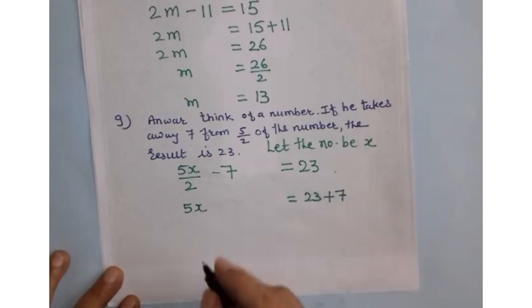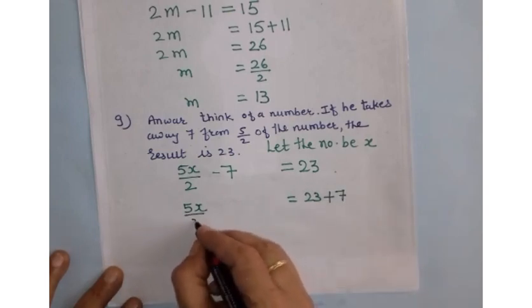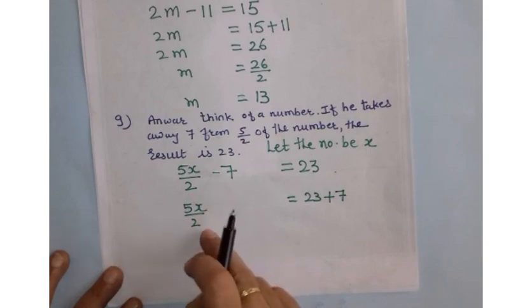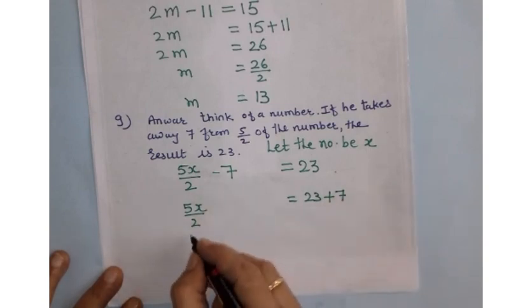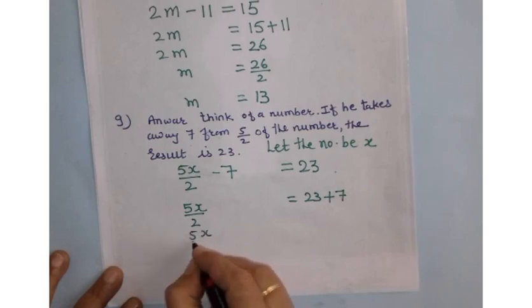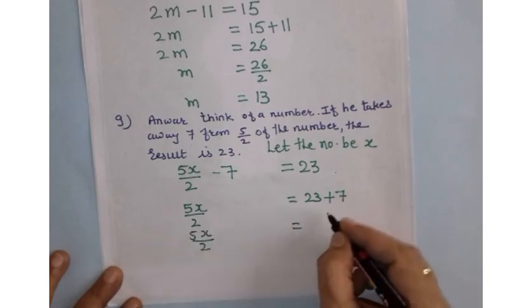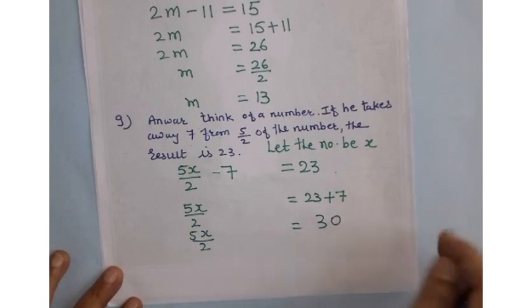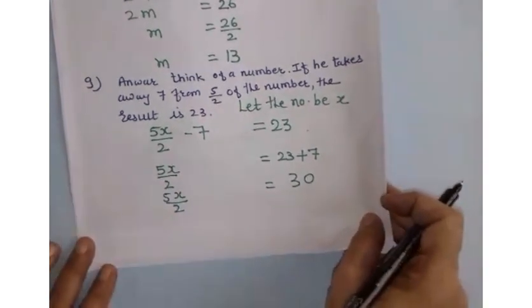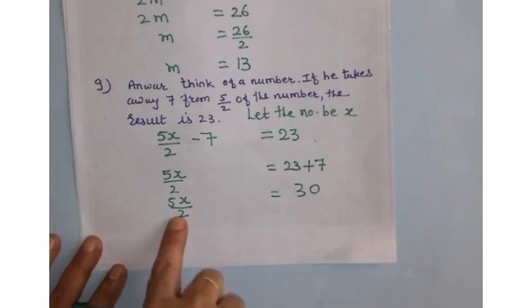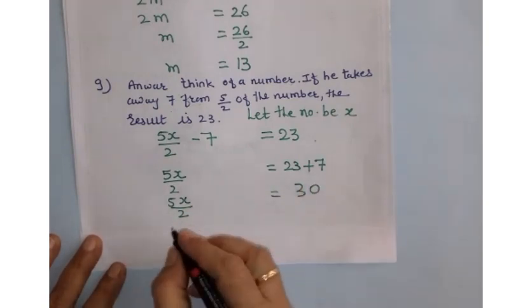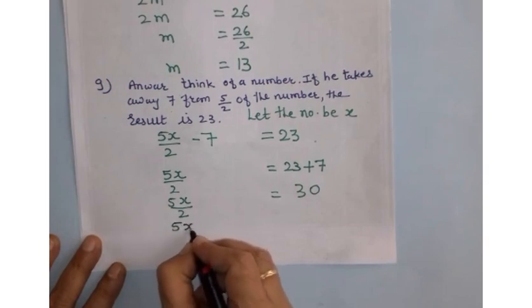So add 7. Clear? Now 5x upon 2 is equal to 23 plus 7. So again 5x upon 2 is equal to 30. Are you getting? Do you understand? And then this 2 is in a division form over this side, so on the other side it is in multiplication.